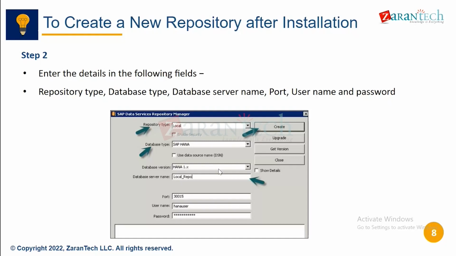Is that possible? Yes, possible. Once I develop everything at the back end, later I can assign it to our central repository via the central manager. That is also possible. And I can create my local repository.